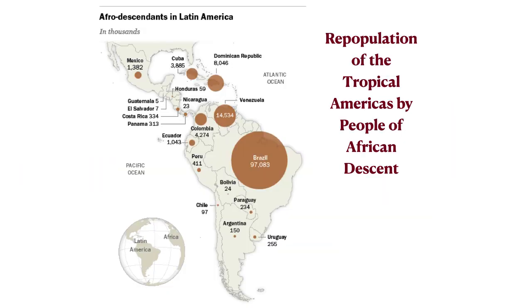Now, a related topic is the partial repopulation of the tropical Americas by people of African descent. So this map is just showing Afro descendants in Latin America. If you remember from the previous lecture, there had been a huge amount of depopulation in the Americas because of the coming of diseases from Europe and from Africa as well. I focused before on diseases coming from Europe, things like smallpox, measles, and so on.